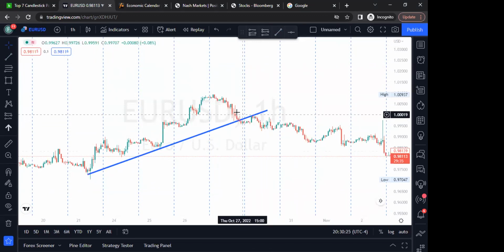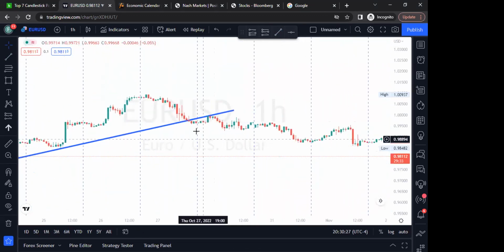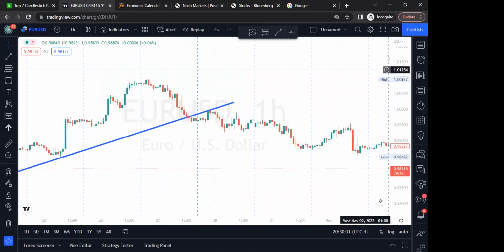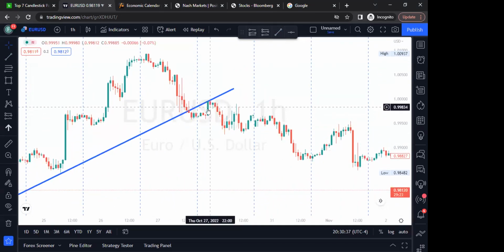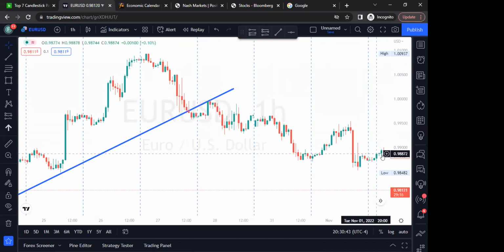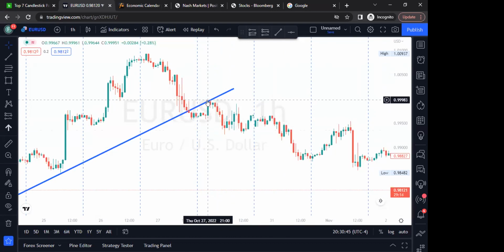And right here is where price broke it in this region, and it closed below it. Now what price does, it doesn't have to, but most times price will come back and touch the trend line, like right here at this green candle. It lined up perfectly, and it touched it and kept going downward, meaning we would call this a retest of the trend line.